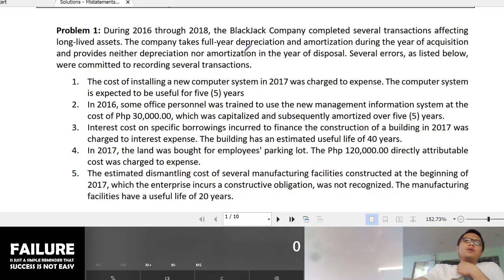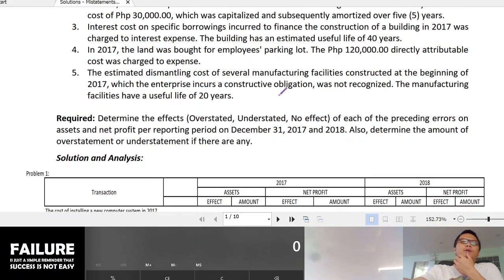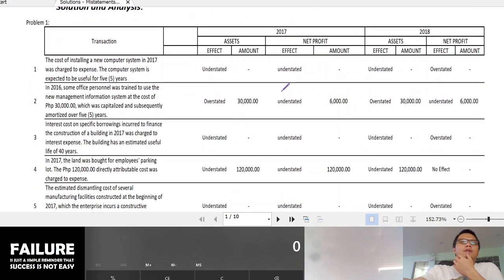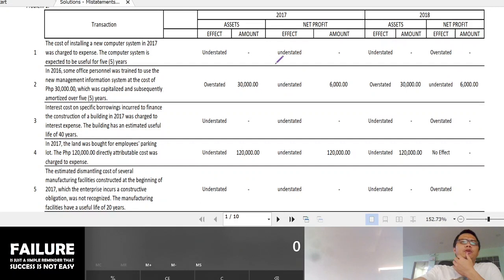The first error is that the cost of installing a new computer system in 2017 was charged to expense. The computer system is expected to be useful for 5 years. If we look at our prepared working paper, the computer system was charged to expense.